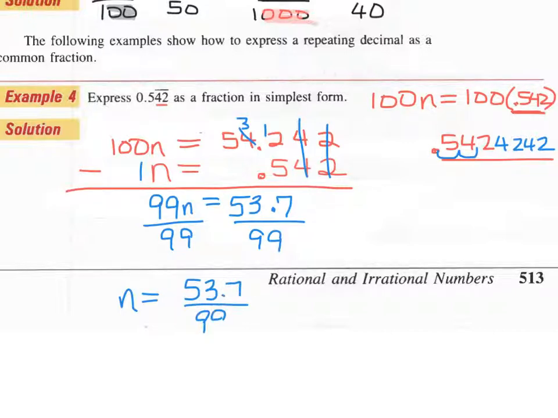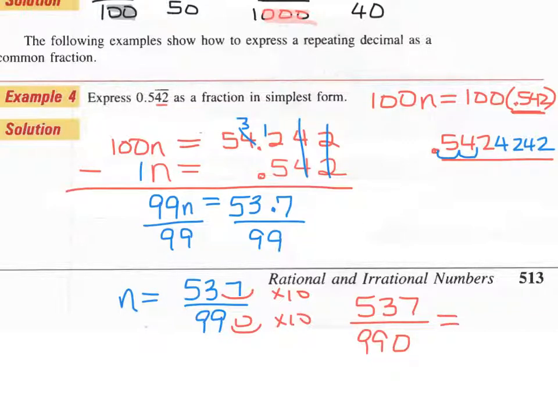53.7 over 99. I cannot leave a decimal in my fraction, so I'm going to multiply the top and the bottom by 10, or essentially move this decimal point once and move this once, because multiplying by 10 will move the decimal point. I now have 537 over 990. That's my fraction, but I need to see if I can simplify.